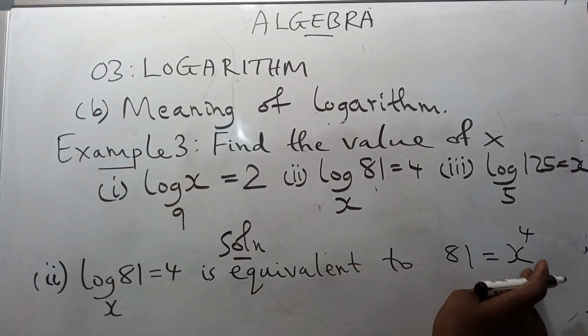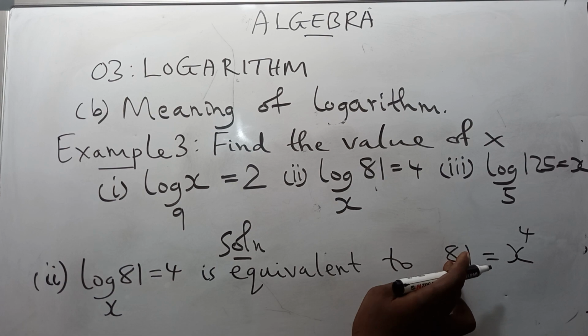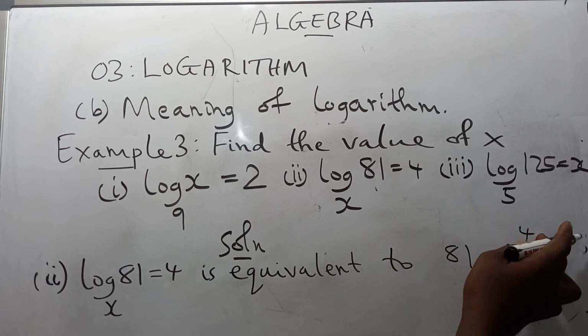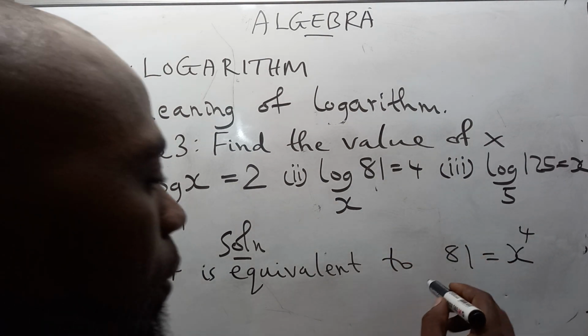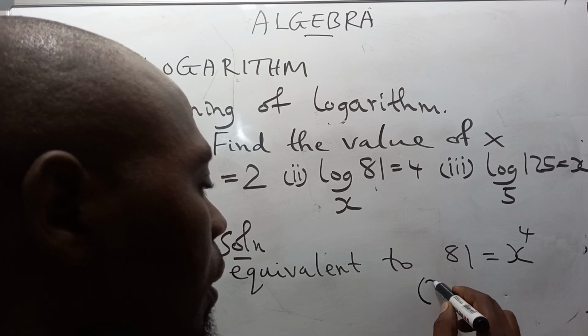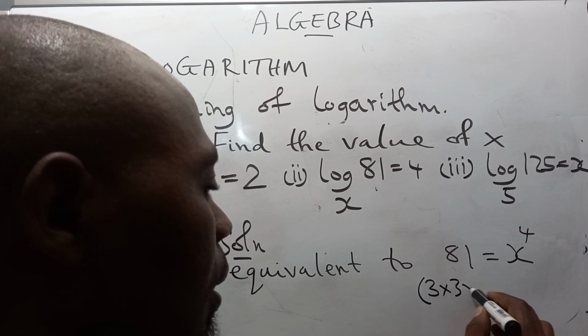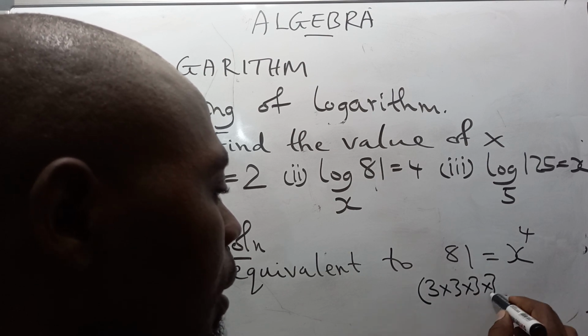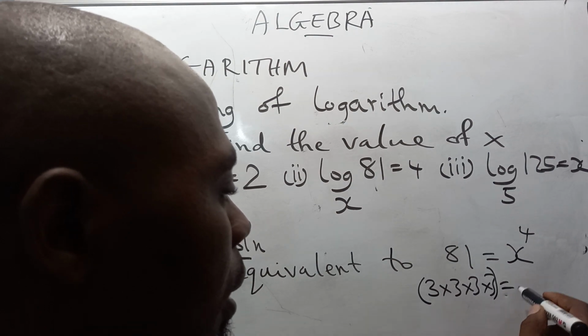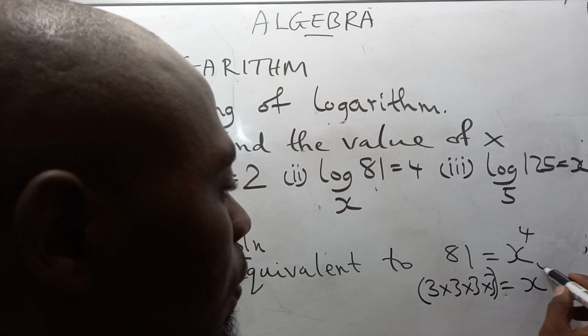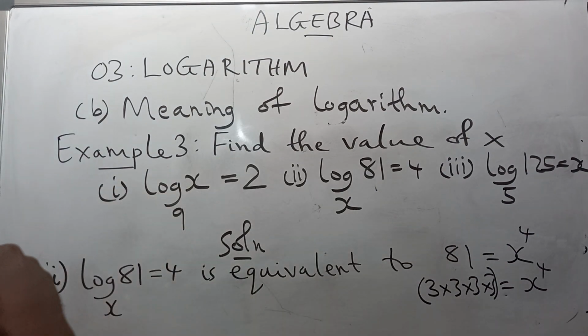We must write 81 in terms of power 4. 81 is equal to 3 times 3 times 3 times 3. On the right hand side, we have x raised to the power of 4.